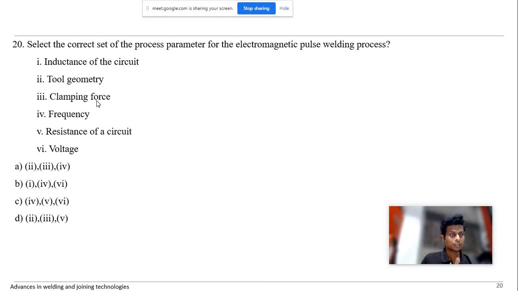Clamping force is also related to friction stir welding, but the frequency is related to the electromagnetic pulse. So 1 and 4 are correct, and current is also one of the factors, and voltage also. So 20B is the answer.